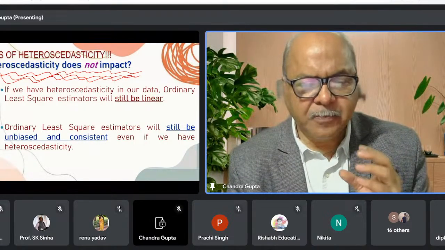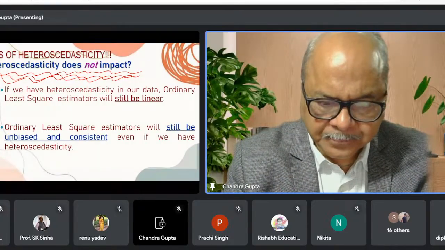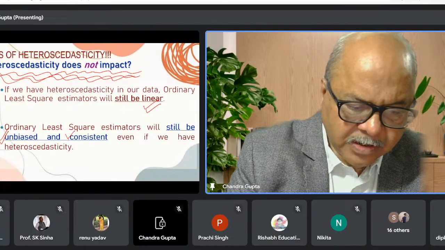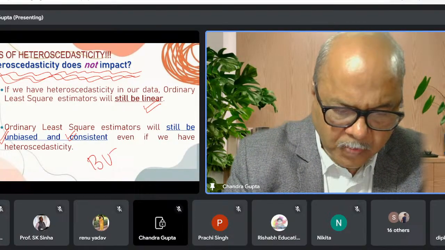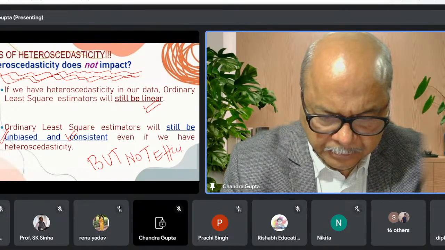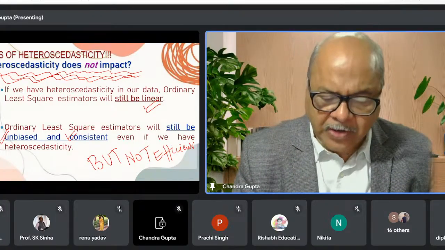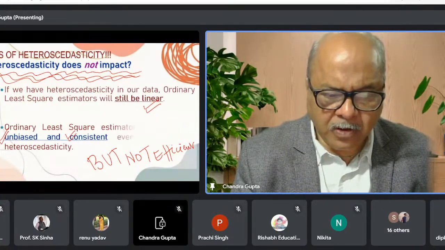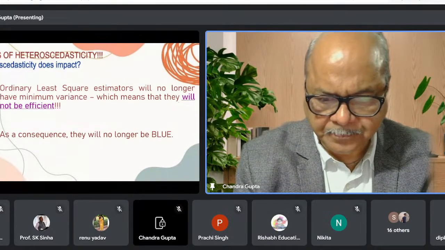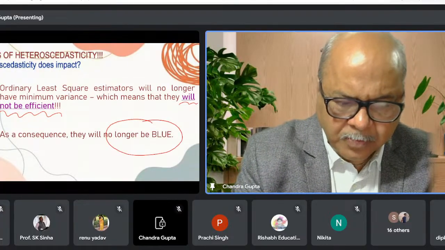If heteroscedasticity exists, my OLS estimators will still be linear, unbiased, and consistent, but not efficient. And if they're not efficient, then we say they are no longer BLUE estimates. Hence, as a consequence, they are not BLUE estimates.